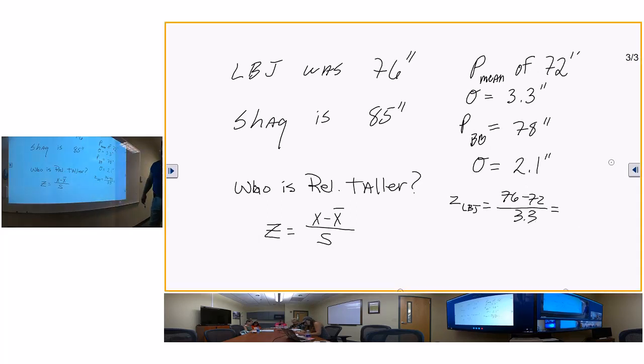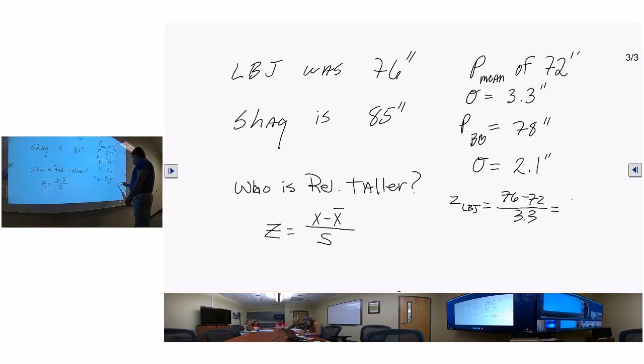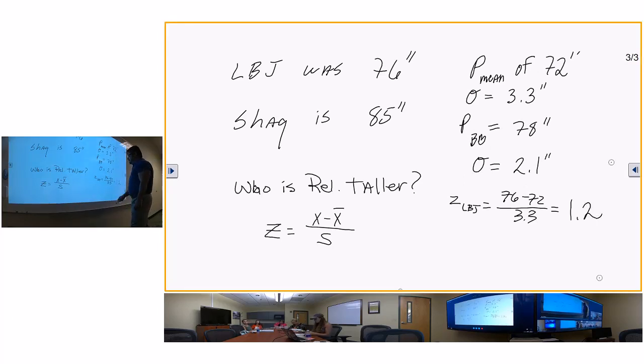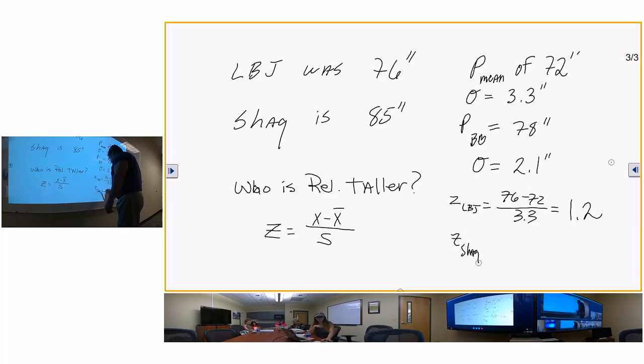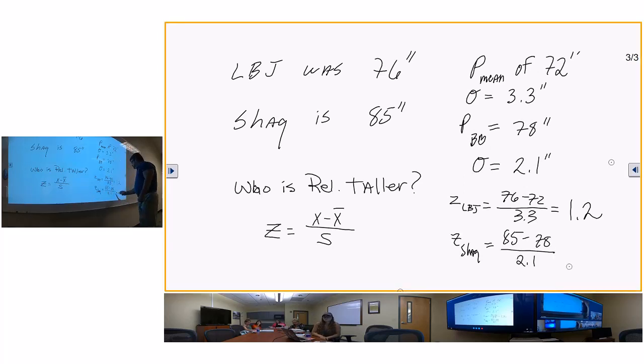Z of Shaq is equal to 85 minus 78 over 2.1. What does it come out to be? 3.3. Yeah, I got it wrong, but it's still the same question, different numbers.